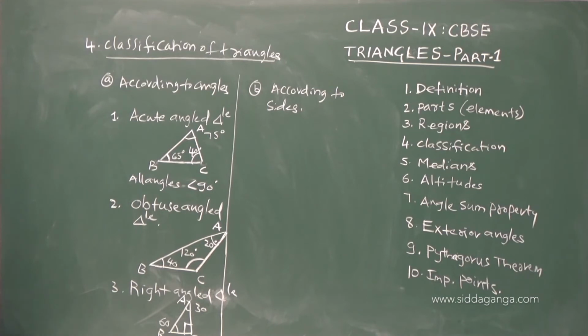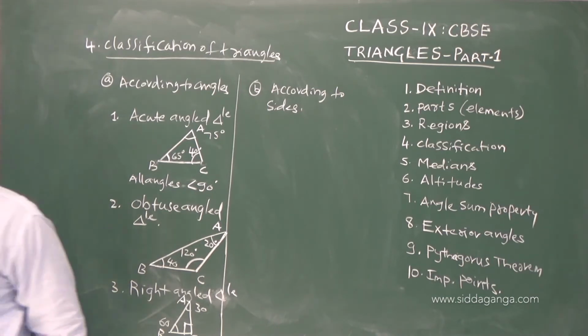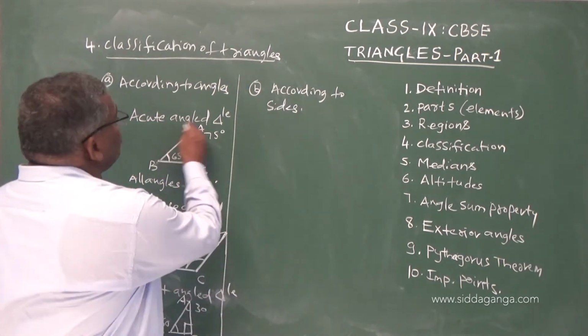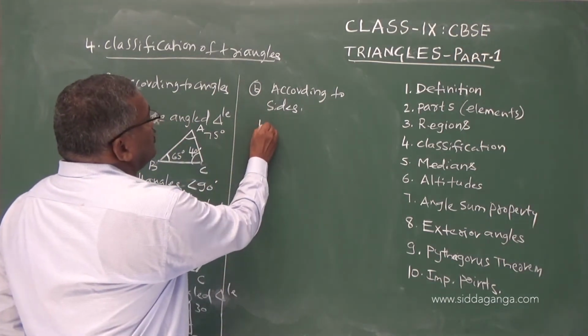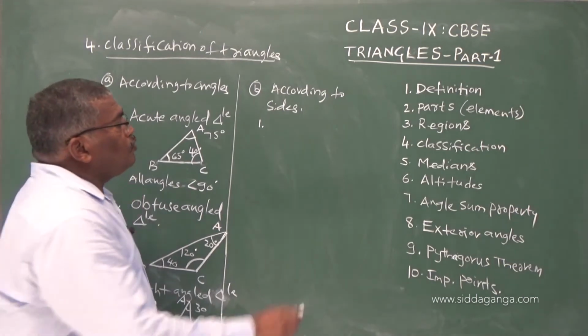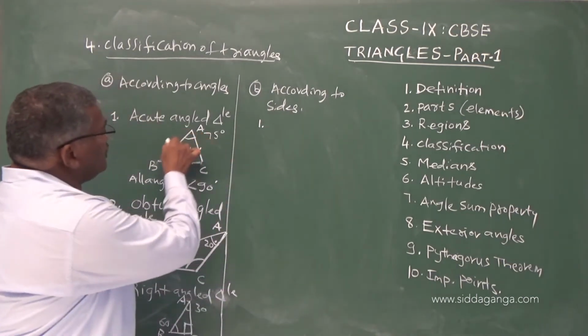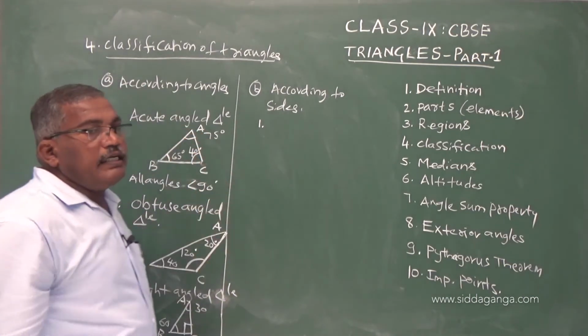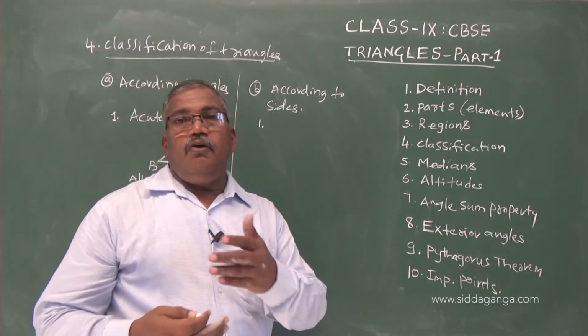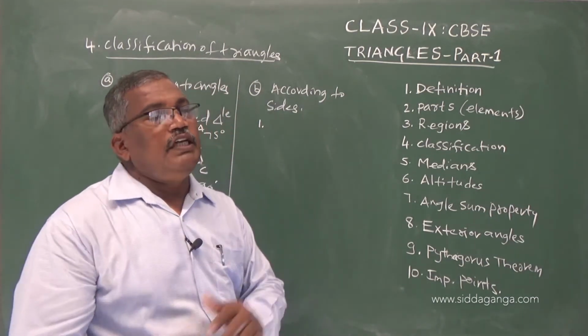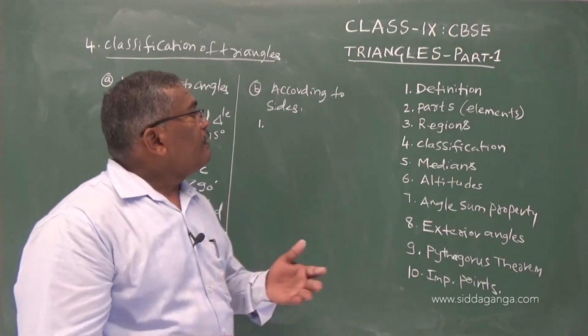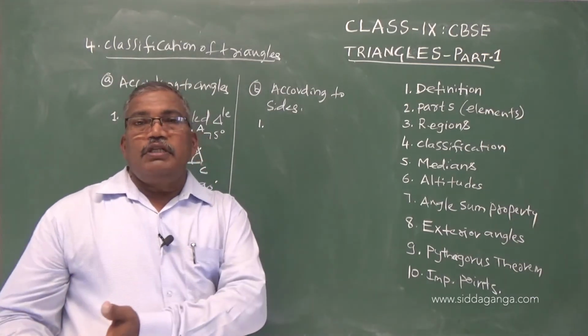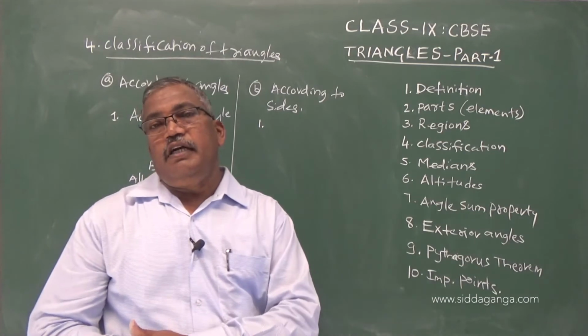So, now classification based on sides. Under this we have scalene triangle. Suppose there are three sides in a triangle. If the three sides are not equal to each other, so one is say 3 centimeter, another is 4 centimeter, the next one is 5 centimeter, let us say.